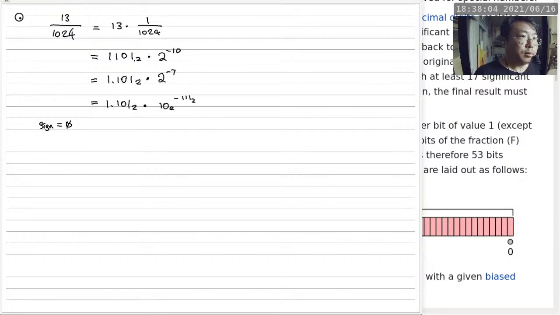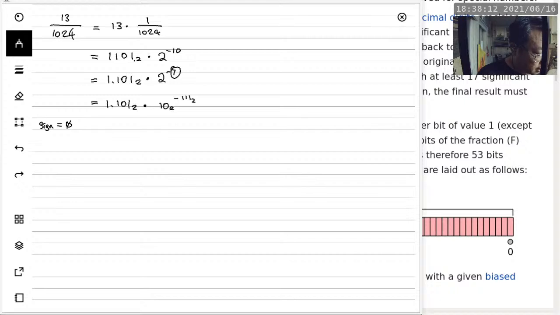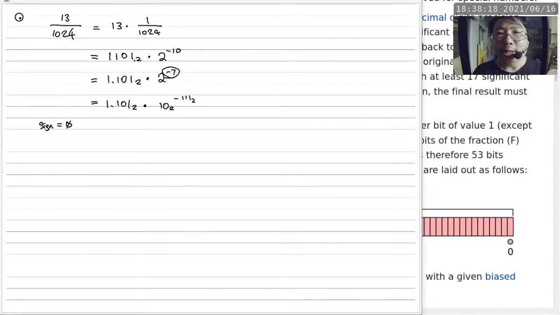Alright, so now we look at the exponent. Oh, actually, back. That is not our exponent. This entire thing is our exponent. This is where it looks a little bit weird because it is a biased exponent. So I'm going to use E2 to represent the exponent of 2.